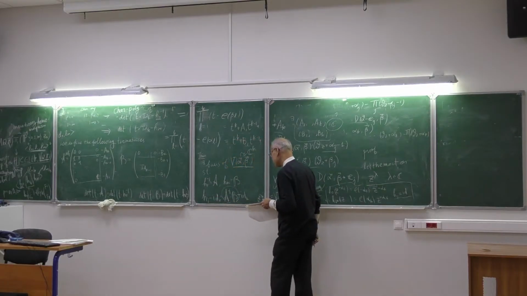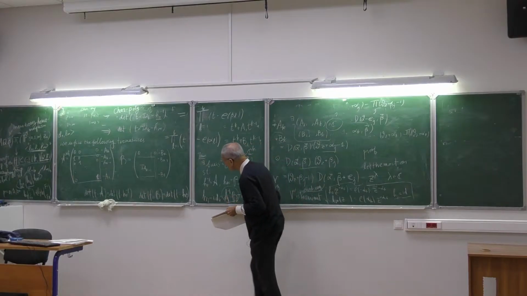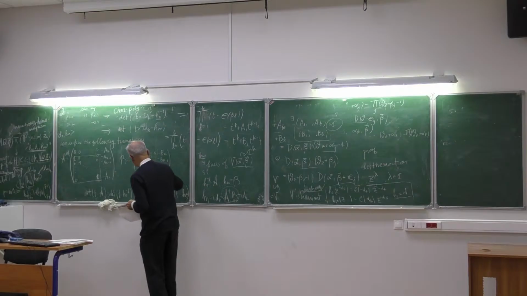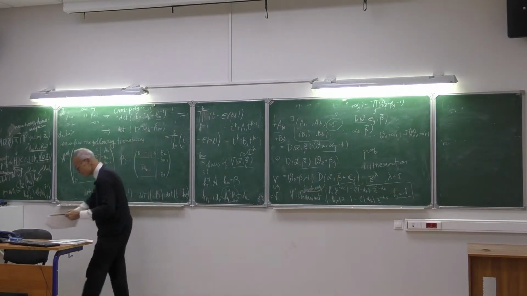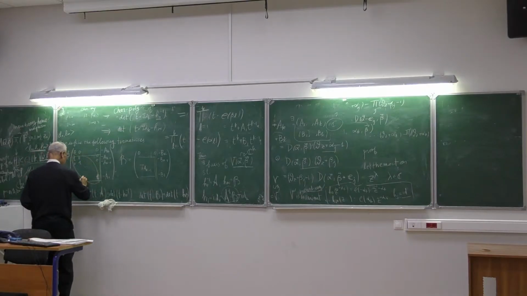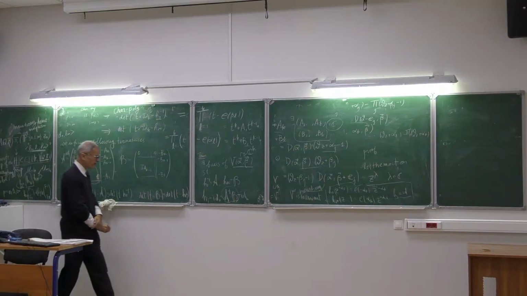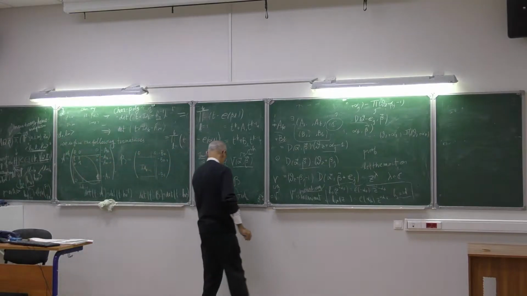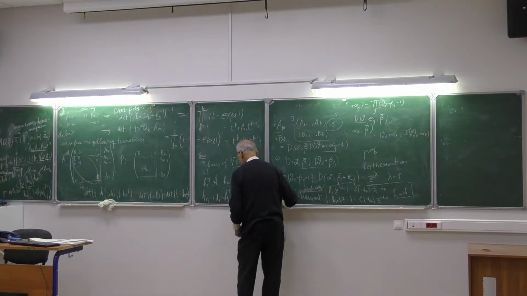But this one is, as you see here, very similar. So this one is also identity k minus 1. And it is a very, very easy calculation to see that this one has rank 1.